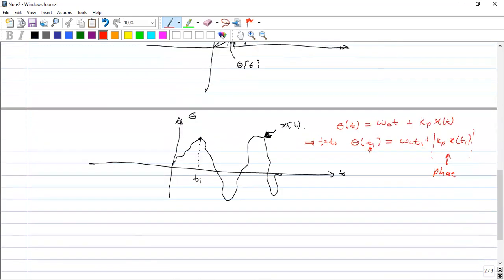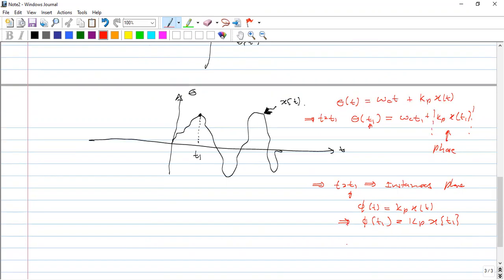If you want to calculate the instantaneous phase at t equal to t1, let's say it is phi t. So phi t is equal to kp x t. To find the instantaneous phase at t1, phi t1 is equal to kp x t1. So you can directly find the instantaneous phase there.